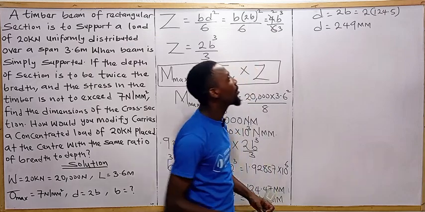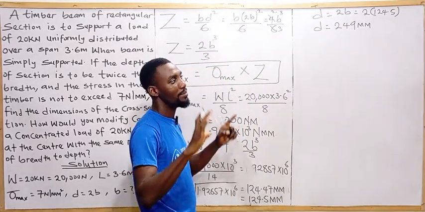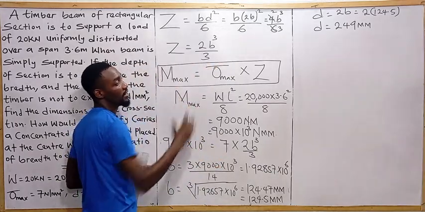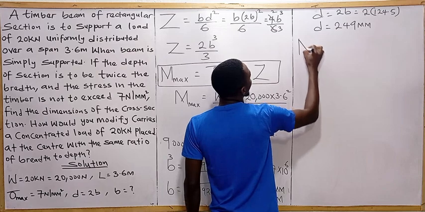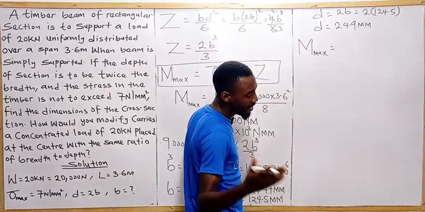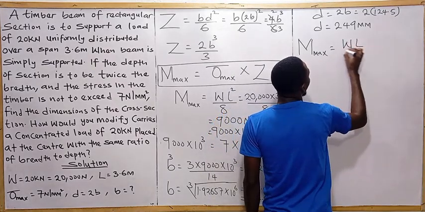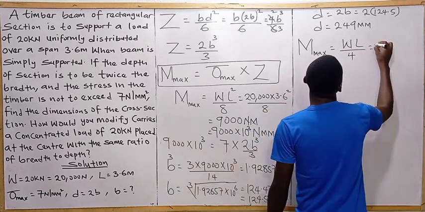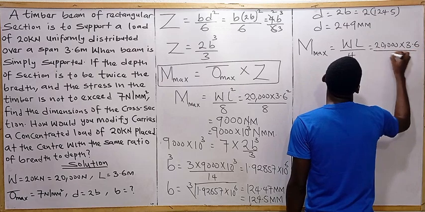Now we are going to consider a case whereby our beam is carrying a point load. When the beam is carrying a point load, we know the formula for the maximum bending moment will be different, so we just need to calculate our maximum bending moment. The formula is WL divided by 4. Our W remains the same, 20,000, and our length remains the same, 3.6, divided by 4.